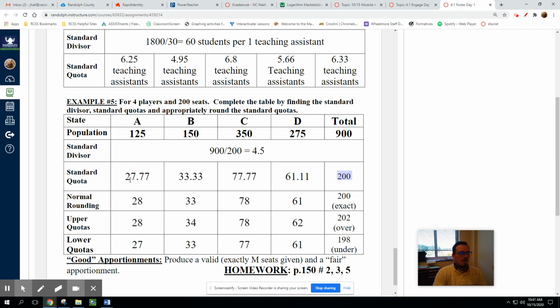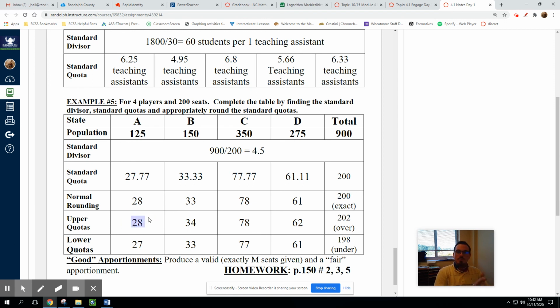What we're going to look at are the 3 quotas that we have: standard rounding or normal rounding, upper and lower quotas. Normal rounding is 0.5 or above. So 27.7 goes to 28, 33.3 rounds down to 33, 77.7 repeating goes up to 78, 61.1 repeating stays at 61, round down. Adding those together gives us an exact 200. That's good.